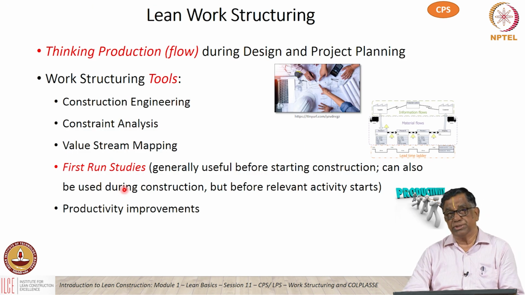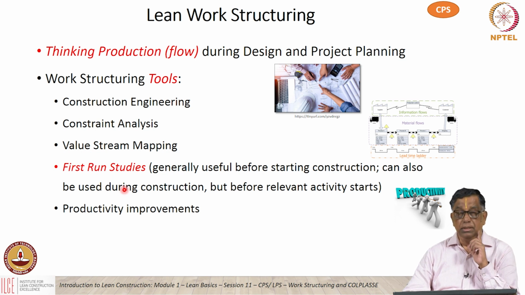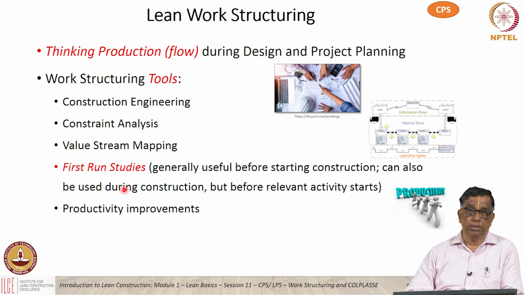So, Lean work structuring is actually thinking about production flow during design and project planning in a seamless manner. Among the various tools we adopt, the first is construction engineering.